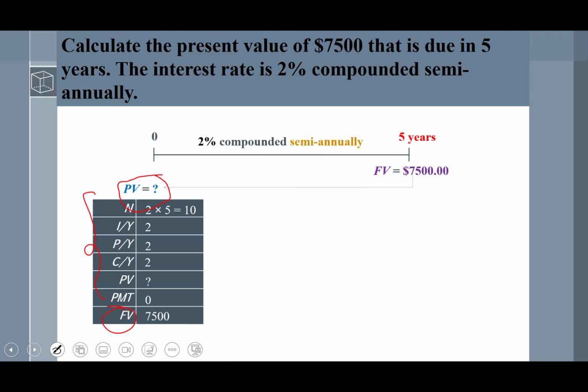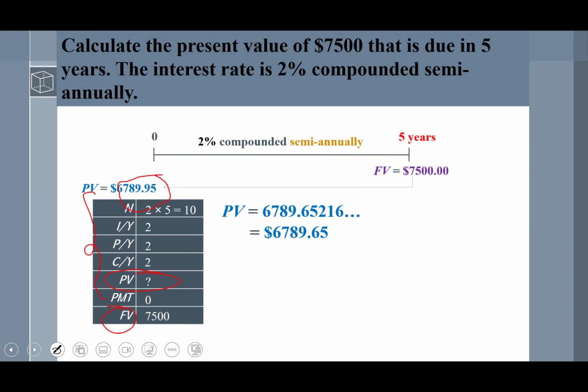Now, we're going to enter everything and leave the present value empty. Once we're done entering all the values, we're going to press CPT present value this time to find the answer. And the answer should be 6,789.65.